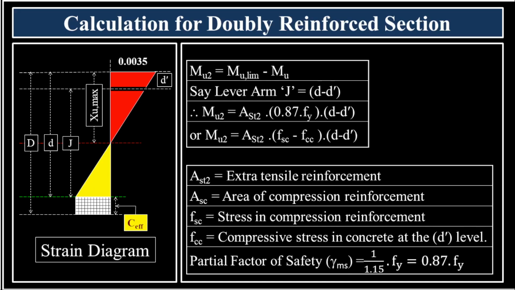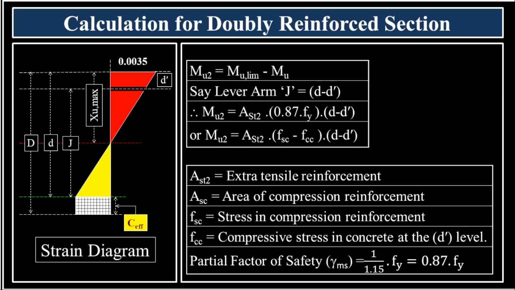From this, we can formulate Mu2 in two ways, based on the forces in the steel. Firstly, Mu2 can be expressed as the area of extra tensile reinforcement, which is Ast2, multiplied by 0.87 times fy, and then multiplied by the lever arm d minus d'. Alternatively, Mu2 can also be expressed in terms of the compression reinforcement.